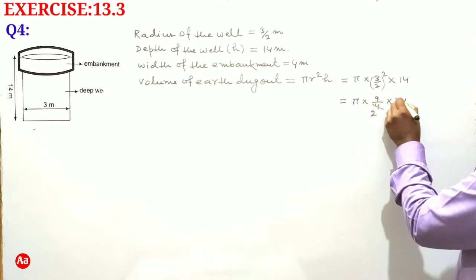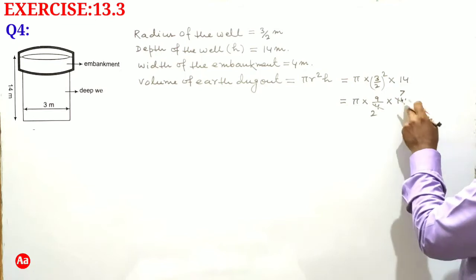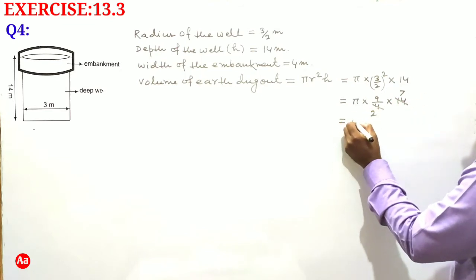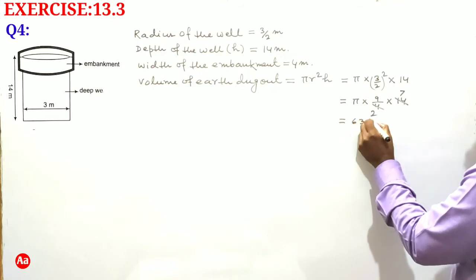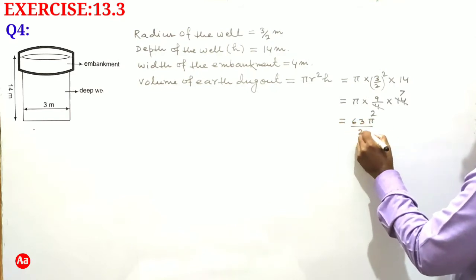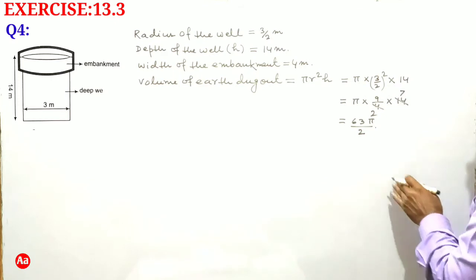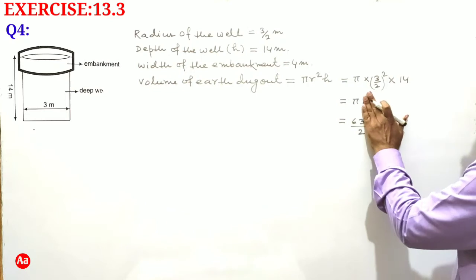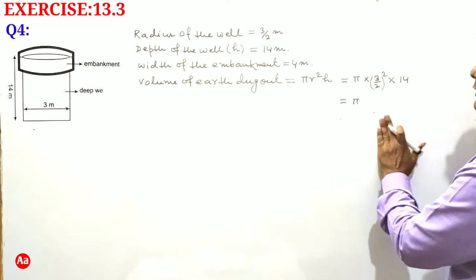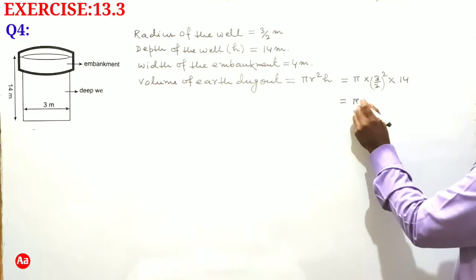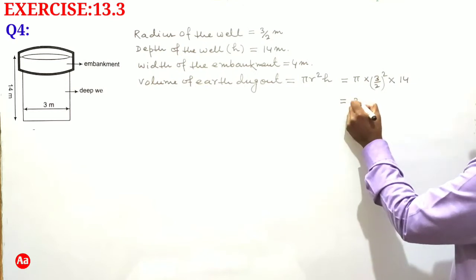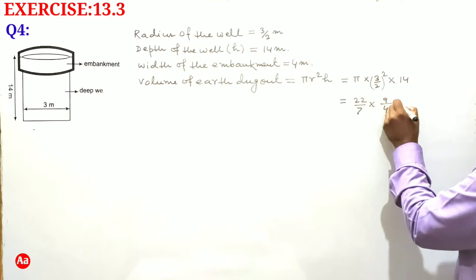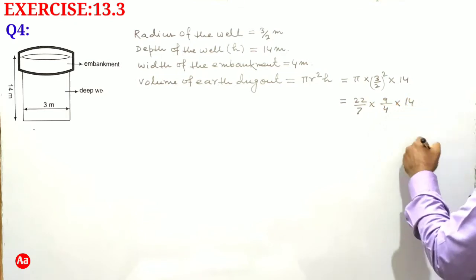2 to the 4, 2 7 ja 14. So this is equal to 63 pi by 2. We can put value of pi also. So let's put value of pi also, no problem. So this is 22 by 7 into 9 by 4 into 14.